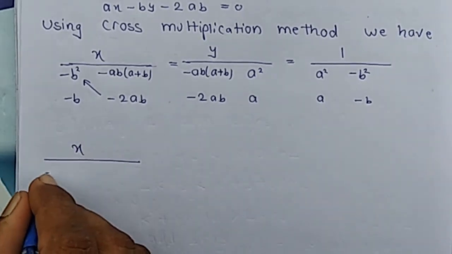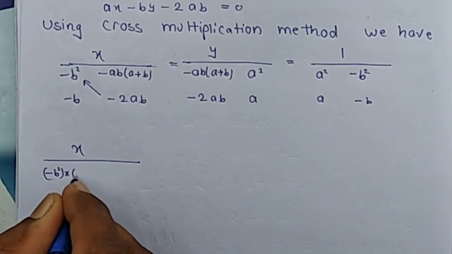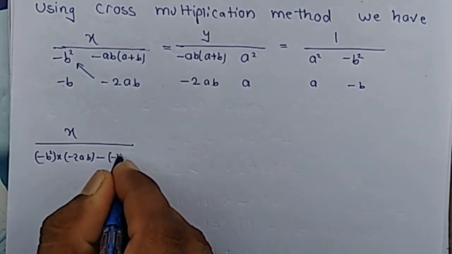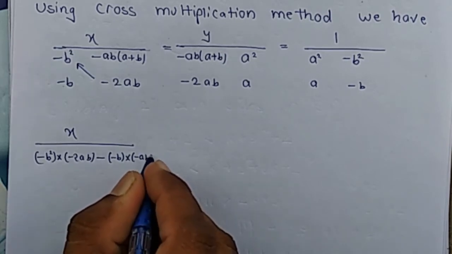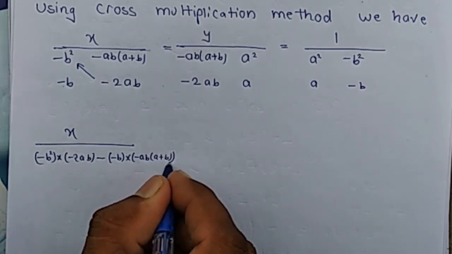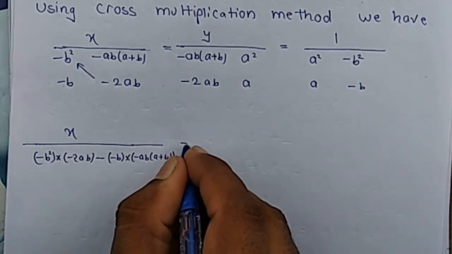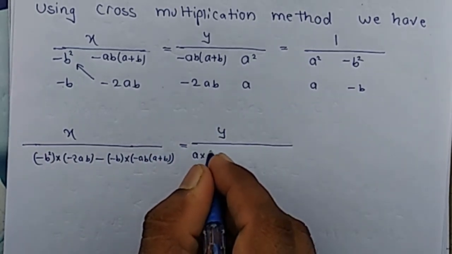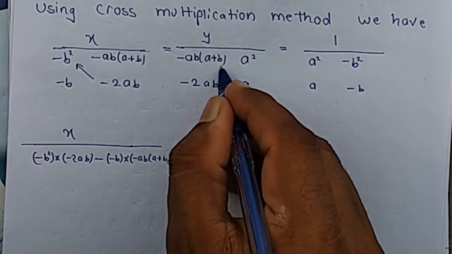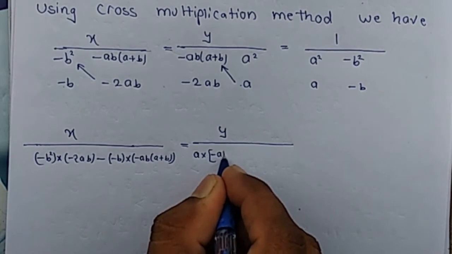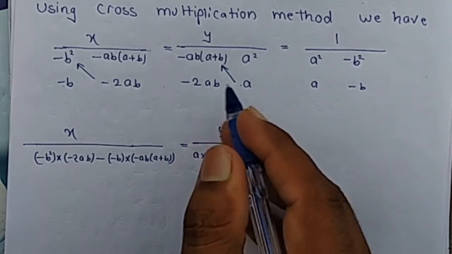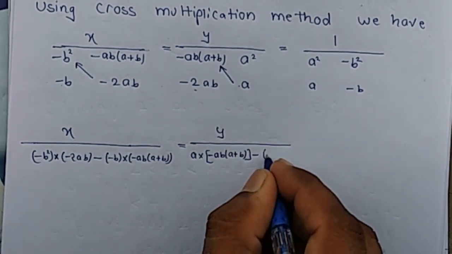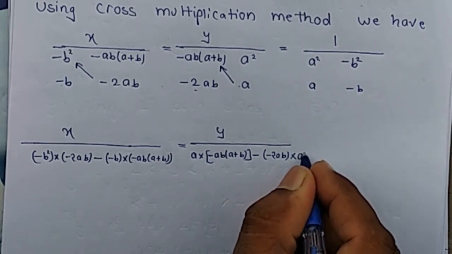We have minus b square into minus 2ab, put minus sign, then minus b into minus 2ab, minus b into minus ab A plus b, into y by a into minus ab A plus b, put minus sign, then minus 2ab into a square.